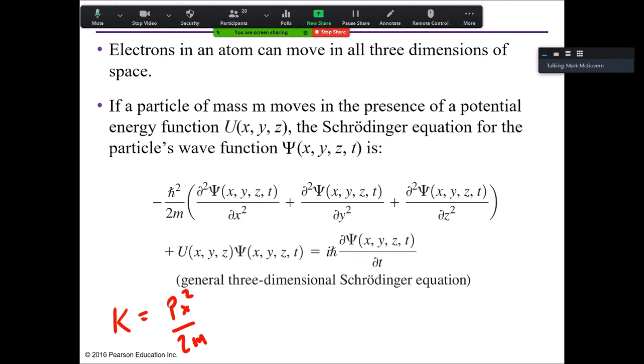We're going to write the kinetic energy in terms of the momentum. So the momentum obviously is m squared v squared. That's equal to 1/2 mv squared. But this is three-dimensional. So there is a term for every dimension.